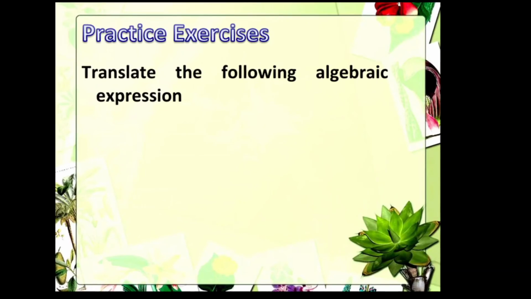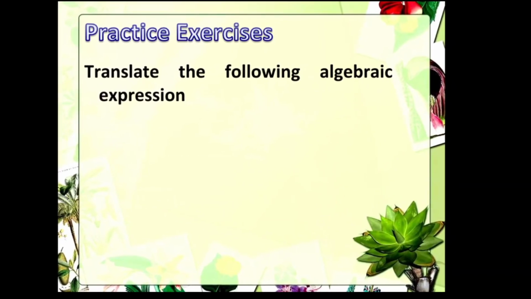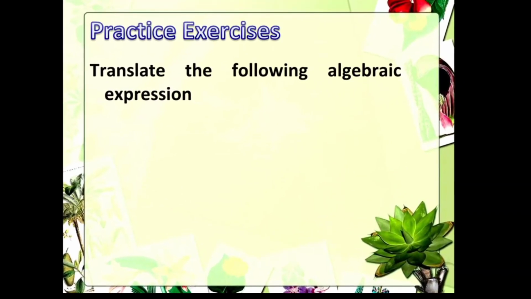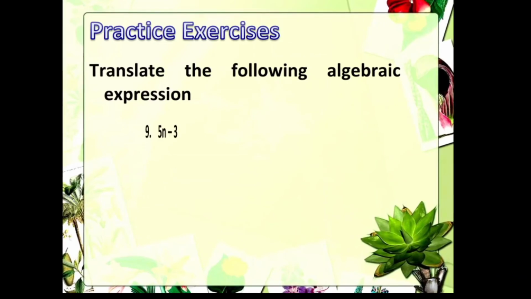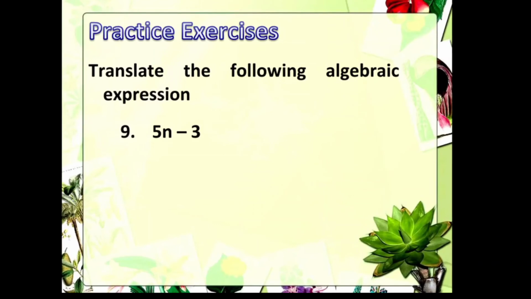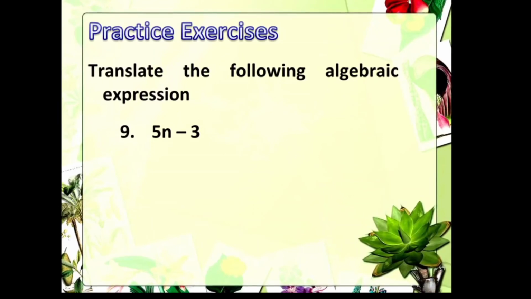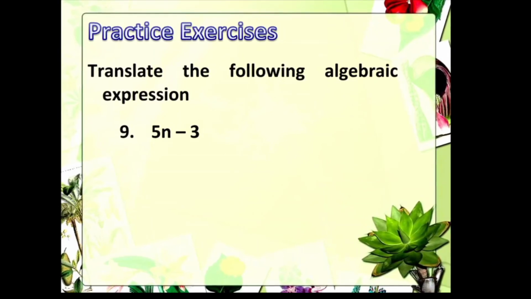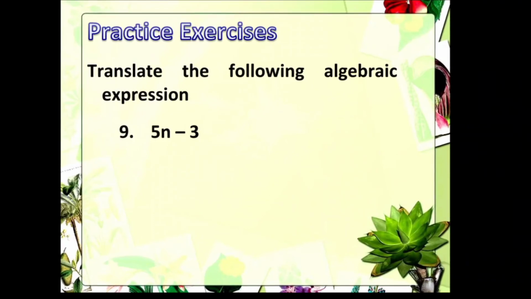So how are we going to translate the following to verbal expression? Number 9, we have 5n minus 3. How are we going to translate it to words or statement?